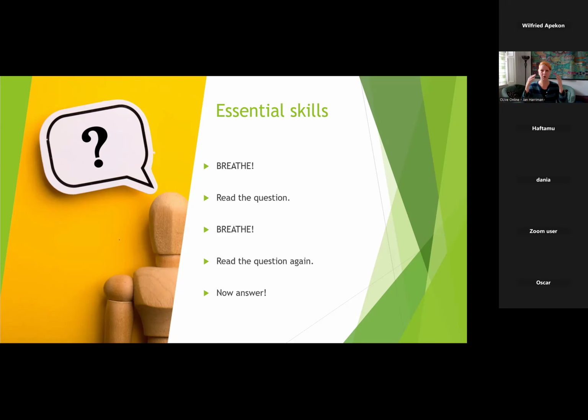It's actually what the anxiety is doing to your brain. And the way to reset it, to bring the blood flow back to all those important higher functions of your brain, is a long, slow, deep breath.